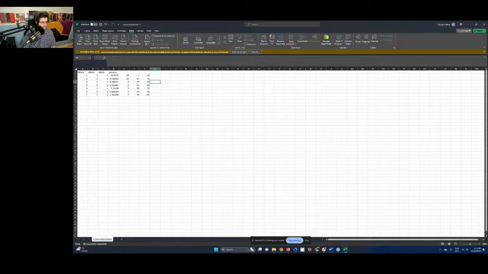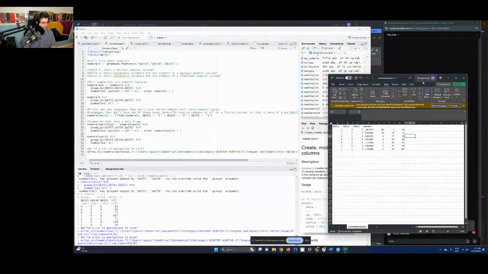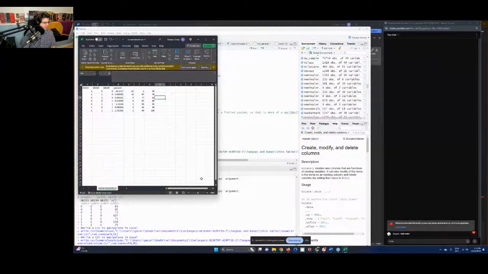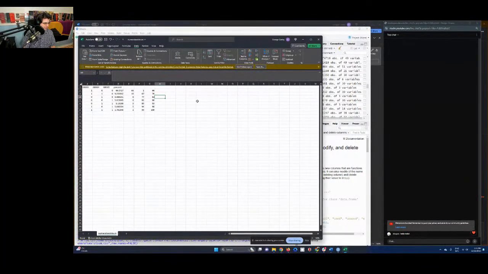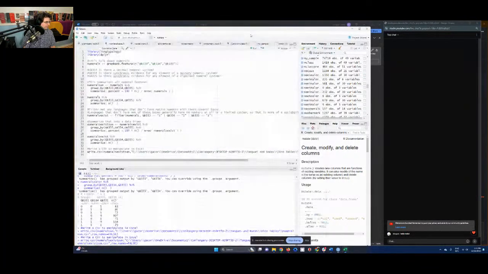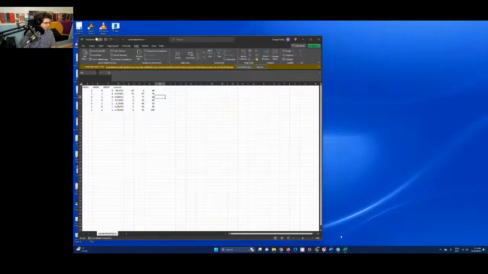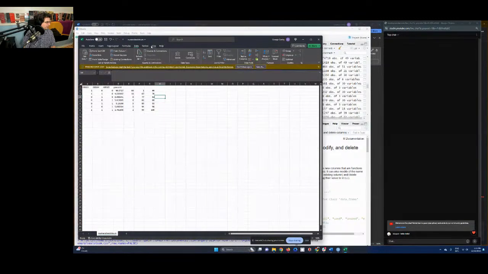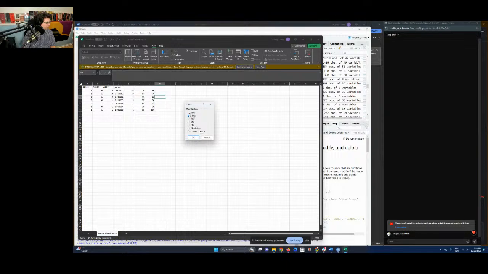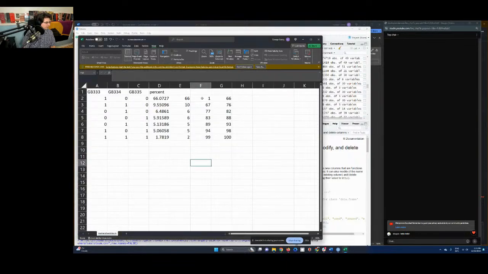Because you need to be able to see, let me see if I can blow that up for people watching. This is the low point on the die, which is 1.